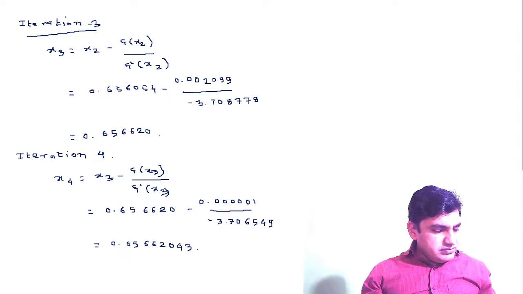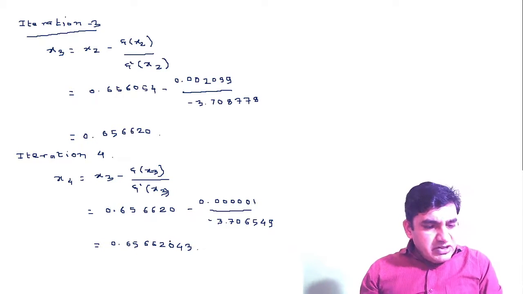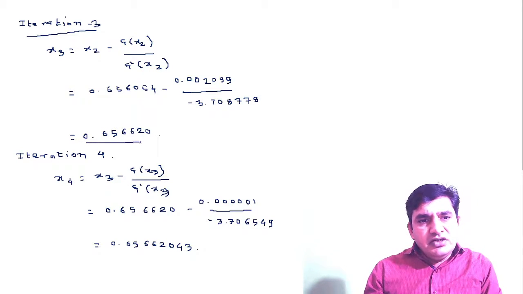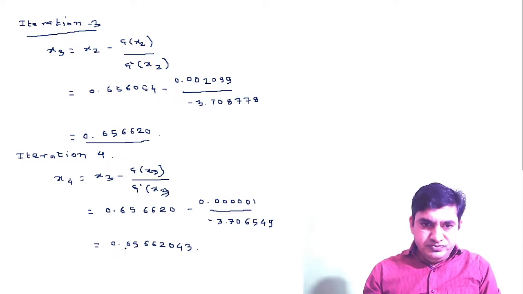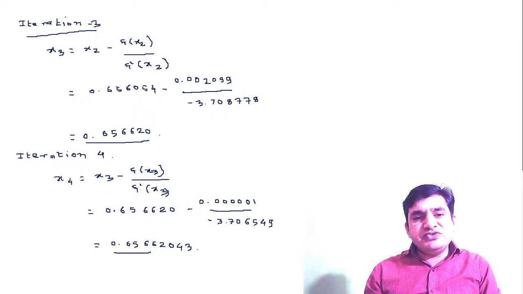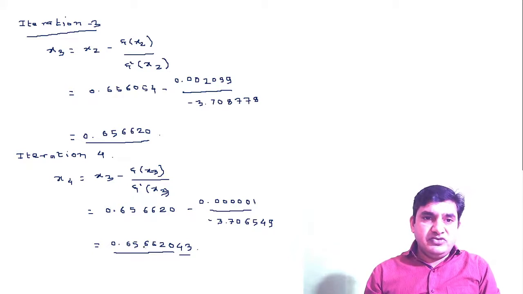So if we observe, the value of x3 is 0.656620 and the value of x4 is 0.65662043, so these digits are the same.